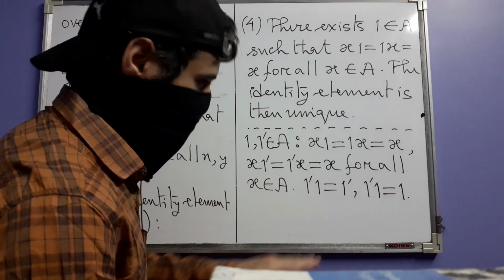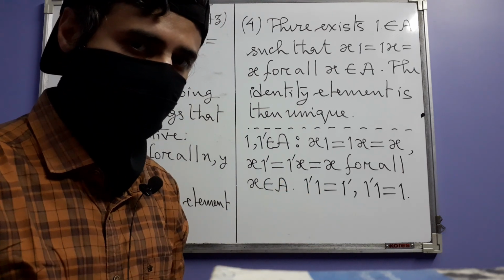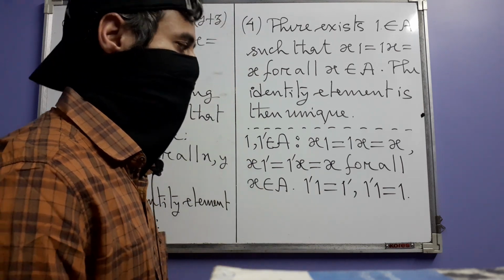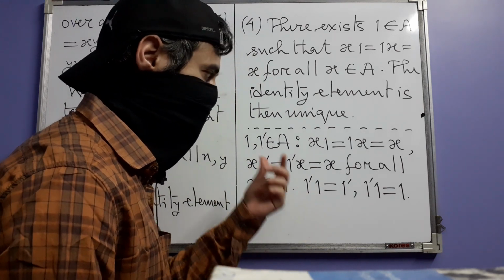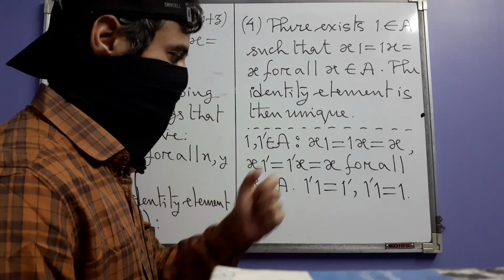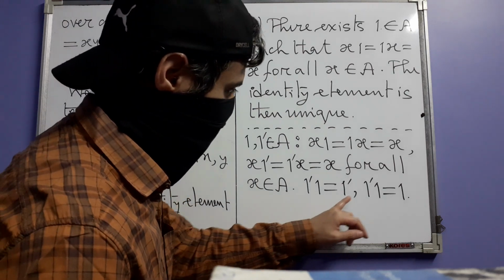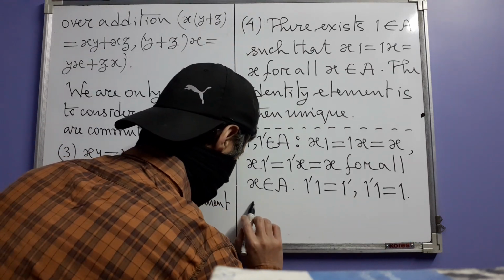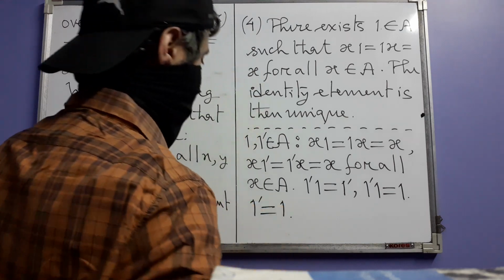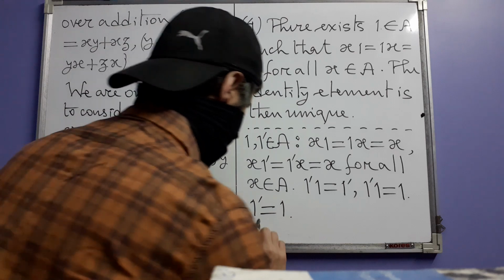Can there be two different values of 1 prime 1? No. Why? Because multiplication is a well-defined binary operation. So when you take two elements from the ring and combine them through multiplication, you are going to get a unique element, and that is why 1 prime is equal to 1. And that way, whenever there is an identity element, that must be unique.